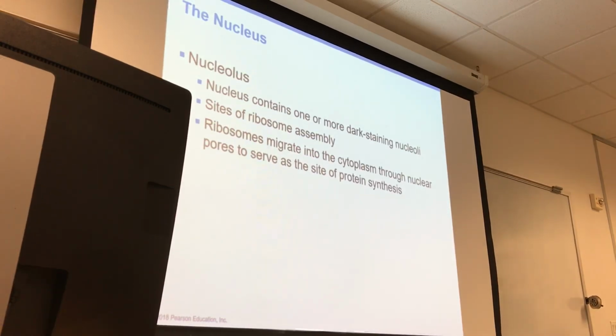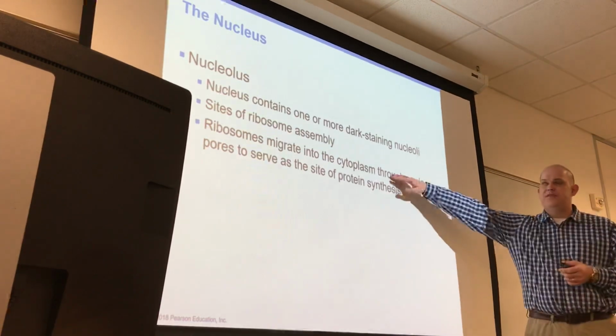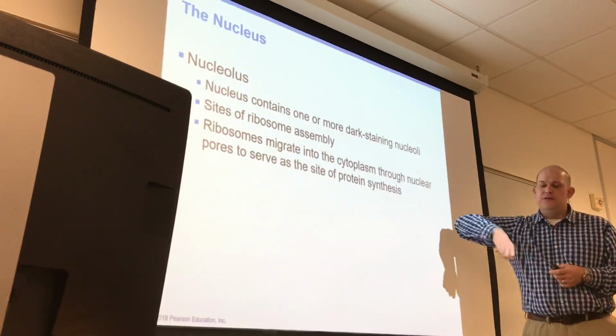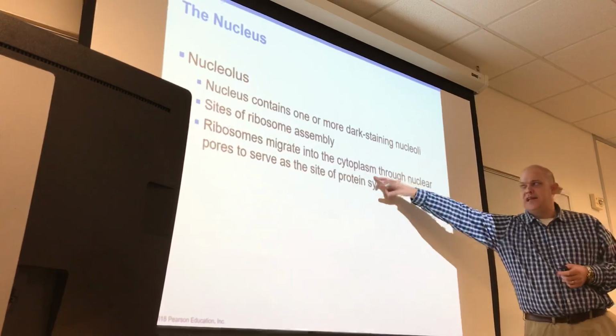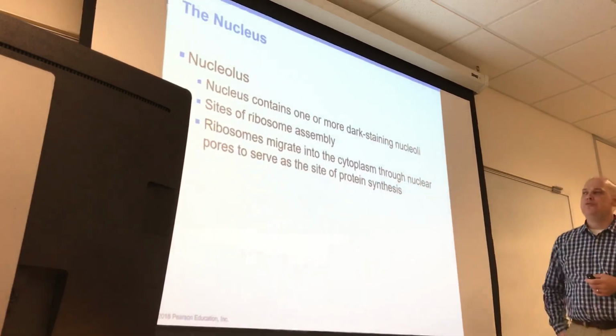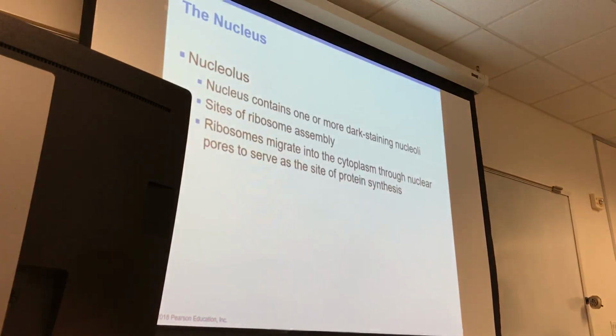This is ultimately the site where we make ribosomes. Ribosomes are an organelle. And what's the function of a ribosome? Anybody remember from high school biology? We're going to see that ribosomes make proteins. So ribosomes, after being produced by the nucleolus, will migrate into the cytoplasm through those little nuclear pores, and they're what we use to make proteins.